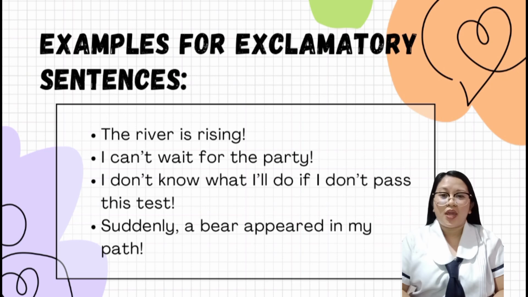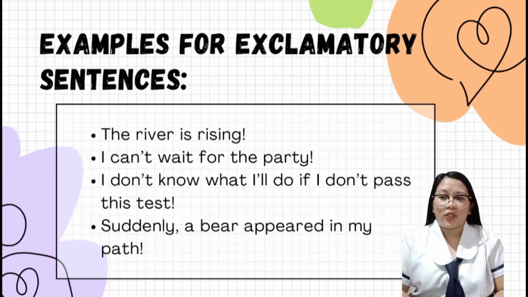Now, it is also an exclamatory sentence since it ends with an exclamation point, and the sentence shows the feeling of excitement. The third one, "I don't know what I'll do if I don't pass this test!" Now, it ends with an exclamation point, and it is an exclamatory sentence. And it shows a feeling of fear.